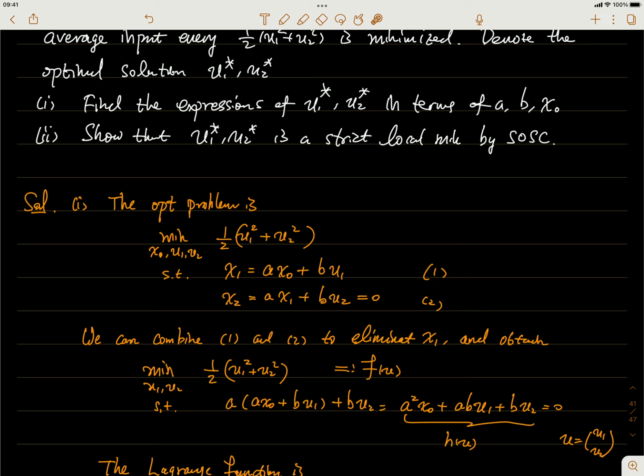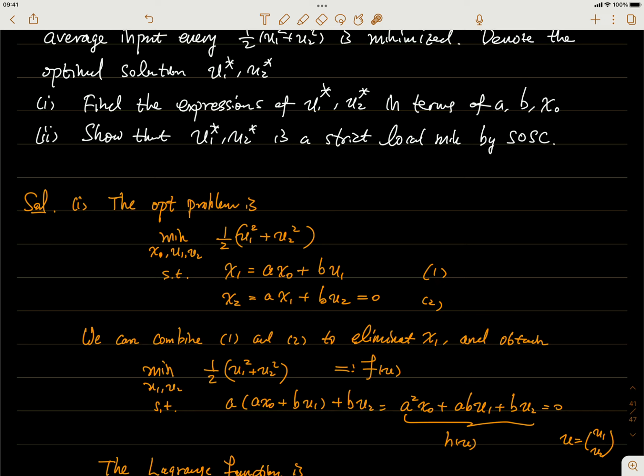The unknowns are x1, u1, u2. This is the relation between x1 and u1, and this is the relation between x2, x1 and u2. This is just repeating the dynamic system we saw earlier for k equals 0 and 1. That's the constraint, and the objective function is to minimize this.